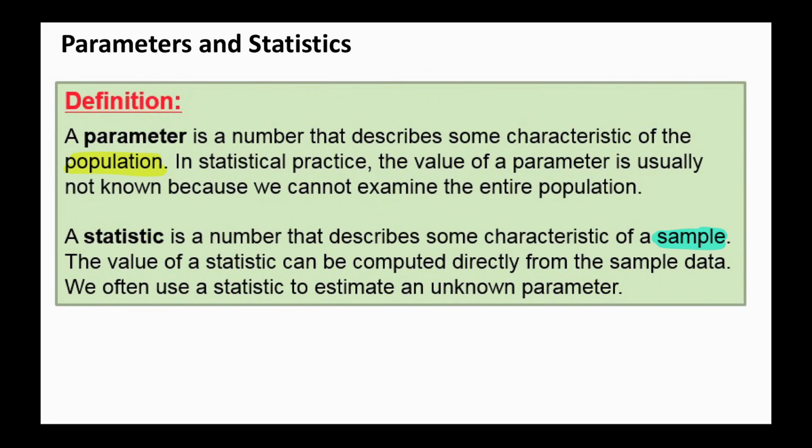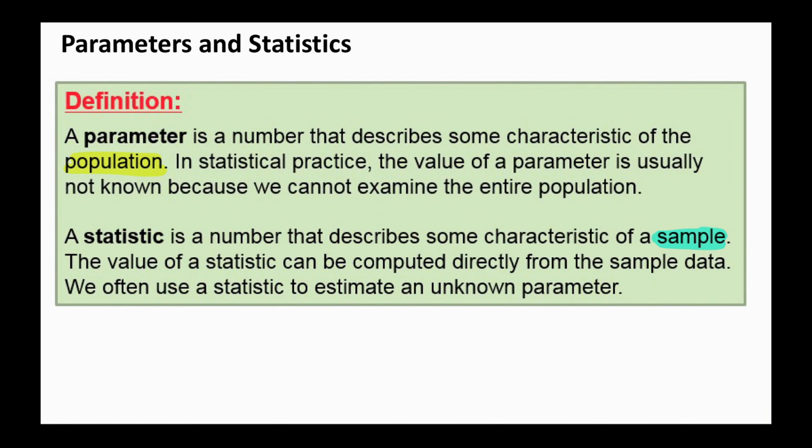We'll do some practice here in a second. But the value of a statistic can be computed directly from the sample data. We often use a statistic to estimate an unknown parameter. Parameters are based off the population. Statistics are based off of samples. That's how you can tell one from the other.